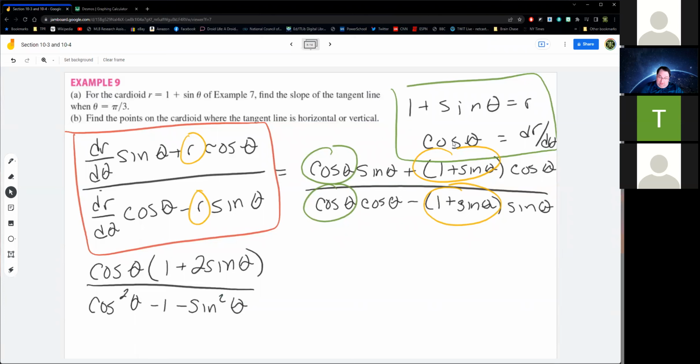Oh, sorry, not minus 1. I'm going to change this into 1 minus sine squared theta.